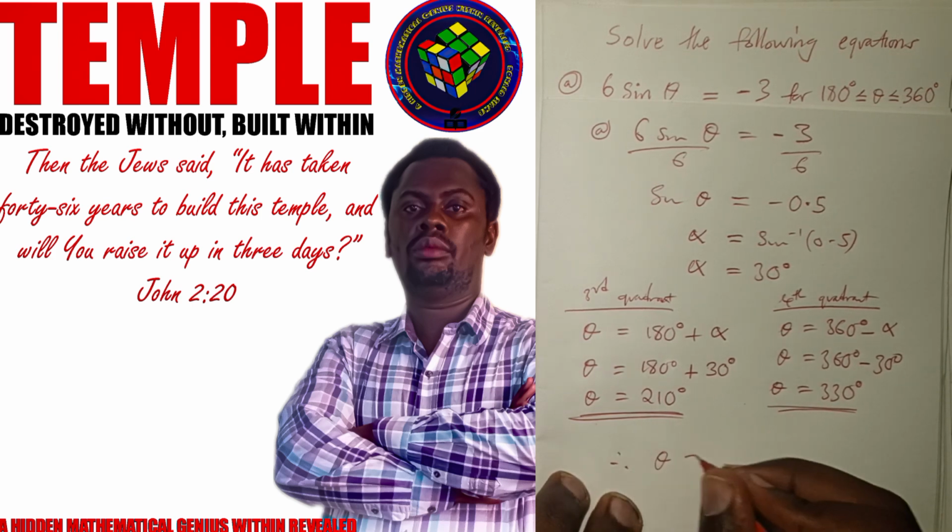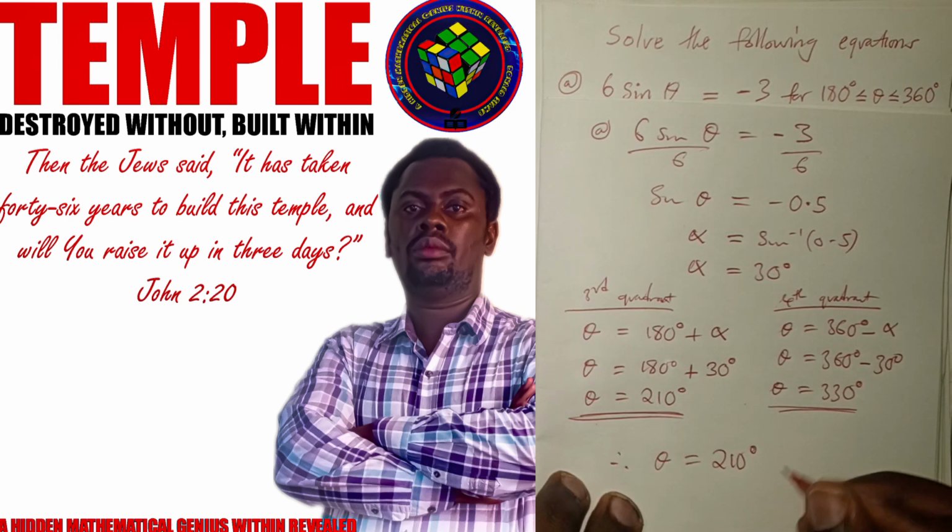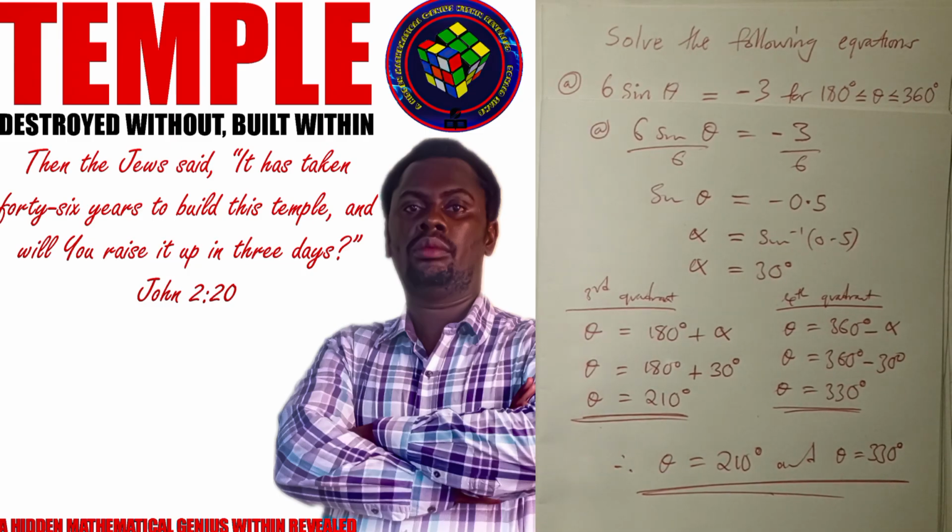Therefore, theta is equal to 210 degrees and theta is equal to 330 degrees. Those are the two values for 6 sine theta is equal to minus 3. We get the solutions from where sine is negative, in the third and fourth quadrants. The angle in the first quadrant is not part of the solution set.